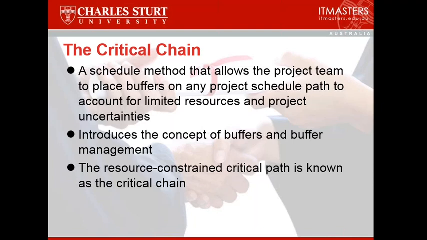The availability of resources will actually affect our ability to do the work when we need to do it or when we want to do it. So critical path doesn't take resources into account. If you remember when we did the calculations a few minutes ago, there was no question of availability of resources. So the critical chain does take account of resources when they're available.